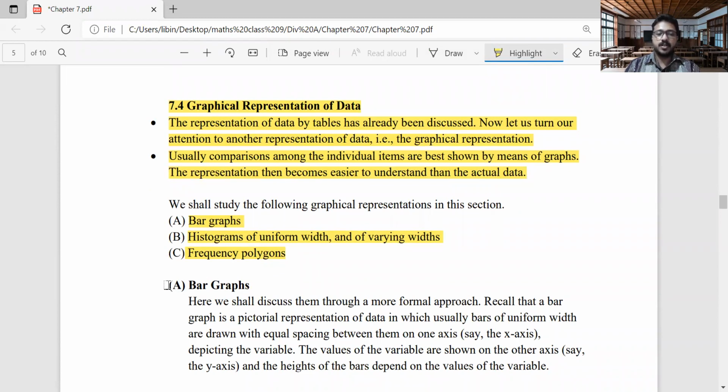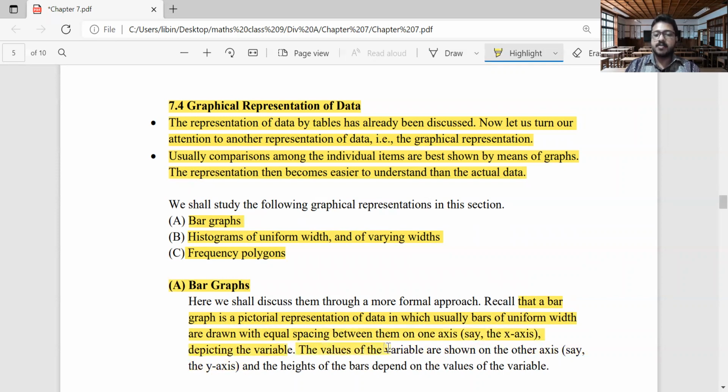So first of all, bar graph. What do you mean by a bar graph? A bar graph is a pictorial representation of data in which bars of uniform width are drawn with equal spacing between them on one axis, say the x-axis, depicting the variable.